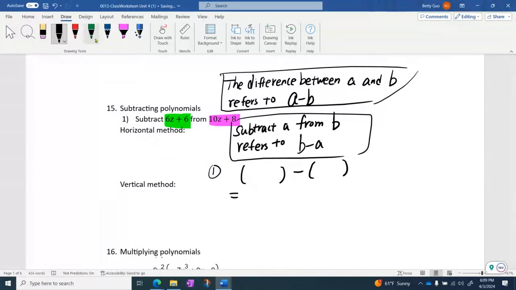We should have pink in the first polynomial and green in the second polynomial. So we should have 10z plus 8 in the first polynomial, and then 6z plus 6 in the second polynomial.